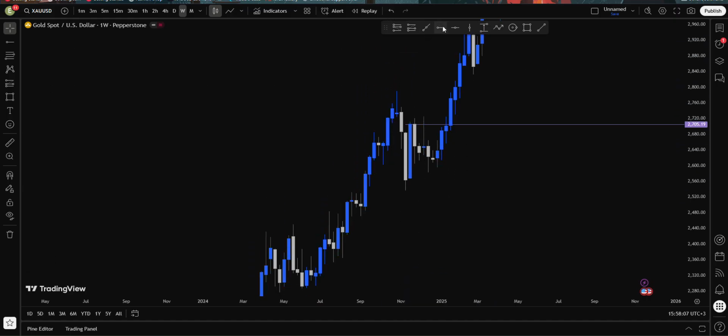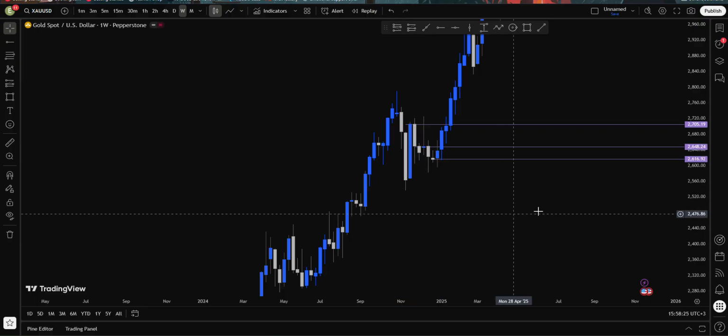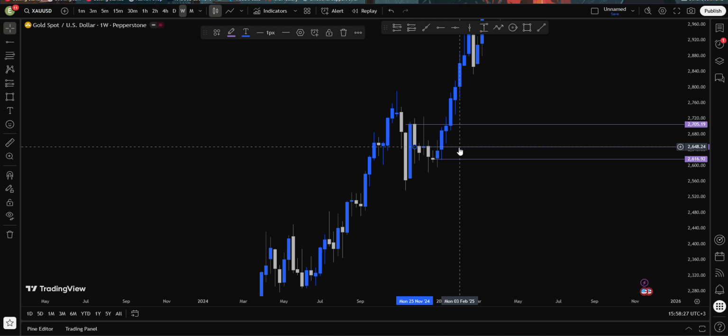What do we see here? This is a support region. It has supported the market to go further up. Do you see any support region there? We can see this is a resistance. You see what happened?